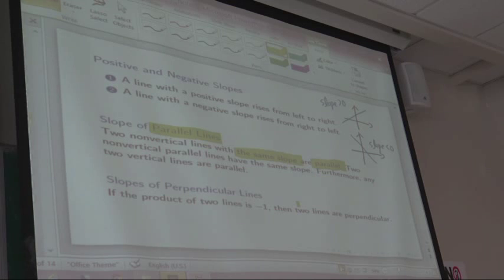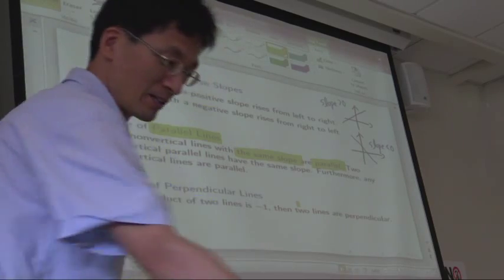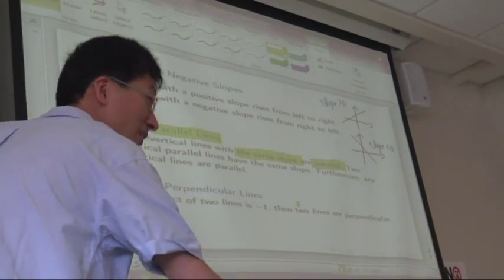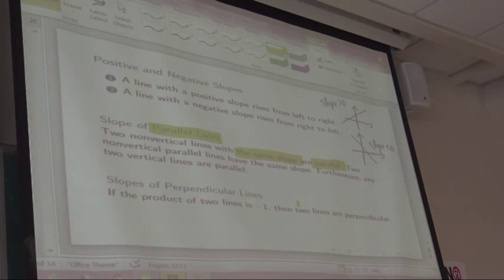There are many examples, like this table, where this line is parallel to this line. Or the railroad, where the tracks are always parallel. Otherwise, there would be a crash.